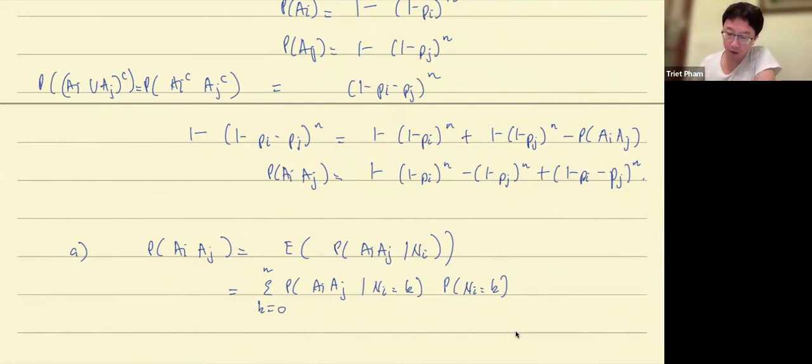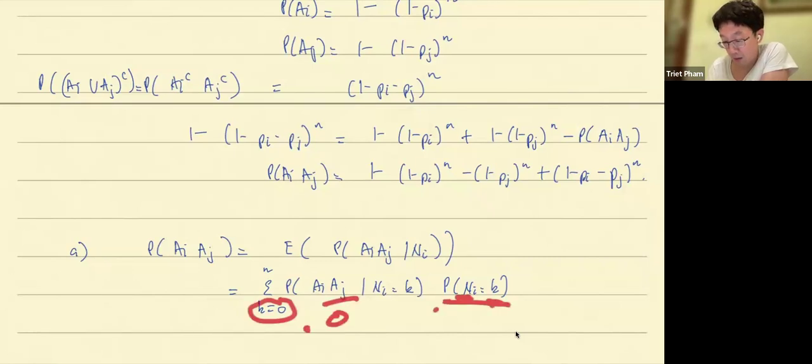And here, probably you just develop the formula for everything. But notice, for example, when k equals 0, what does that mean? This is just to help your conditional thinking. When k equals 0, it means no type I coupon is in the collection by definition of Ni. Then this will be 0, because AIAJ cannot happen.